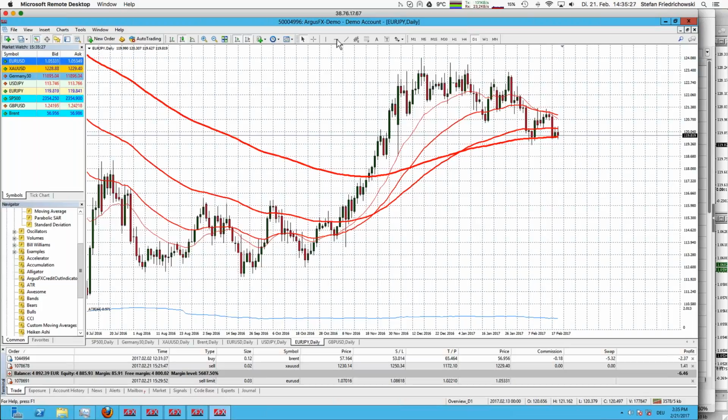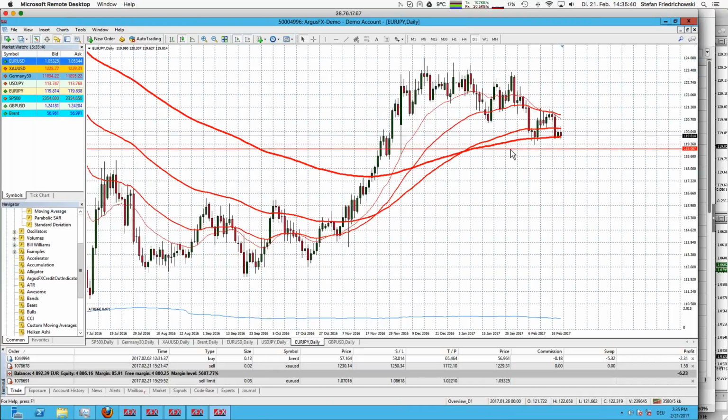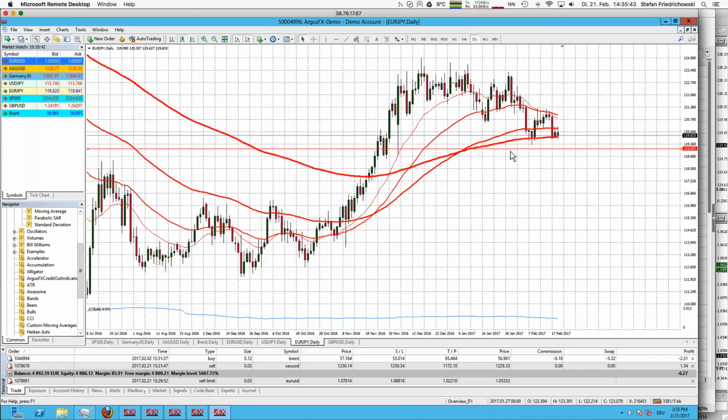And what we can do here is we can have a stop loss which is a little bit more close than the other ones. So we might go, for example, here, and we will give it a little bit more room, a little bit more space like here. And now we can write down those numbers.